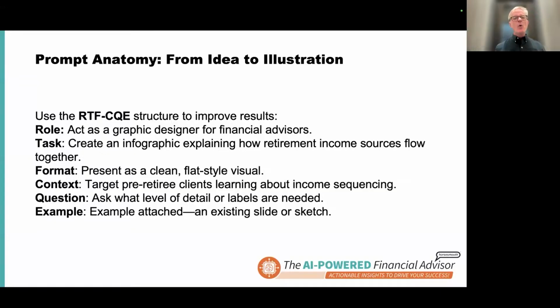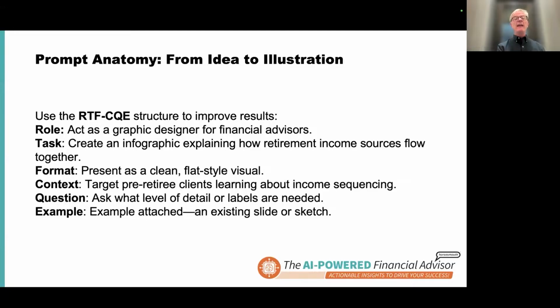Well, in our training programs, we teach a framework called the Horsesmouth Power Framework. It's called RTF-CQE: Role, Task, Format, Context, Question, and Examples. If you use this format or portions of it when you're communicating with AI, you'll be very successful with it.